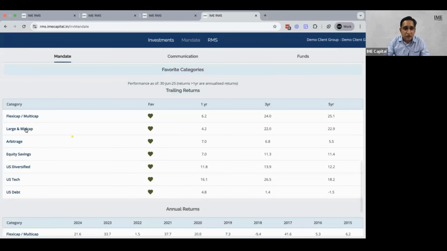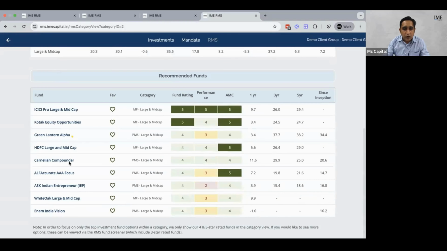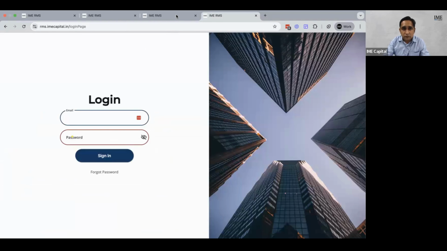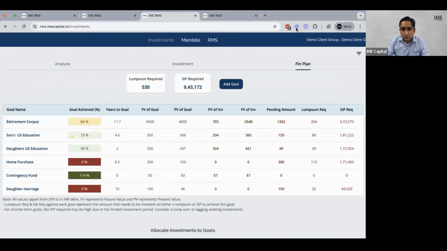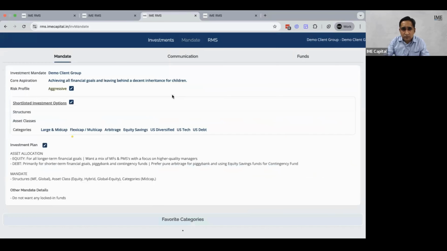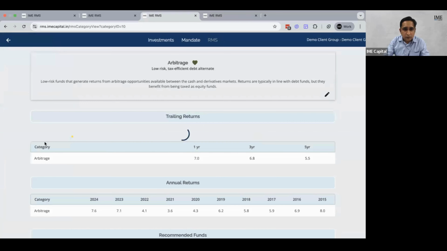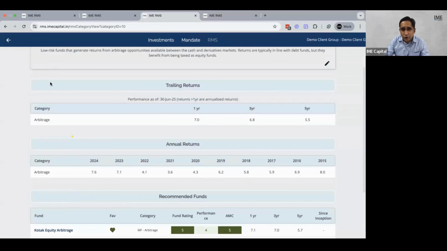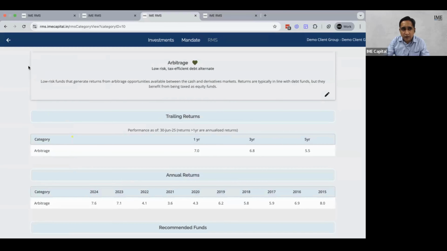In a FlexiCap, let's do, say, one fund in large and mid cap, and within arbitrage, we need, let's say, one fund for the contingency fund.